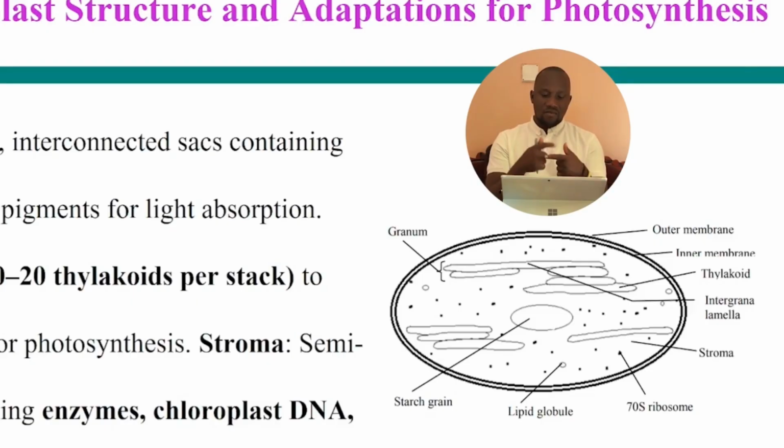The fact that we have these stacked thylakoids means it increases the surface area for photosynthesis. And the stroma, like I already explained, is that jelly-like matrix where you have all these other structures. And the enzymes, the ribosomes, the chloroplast DNA, starch granules, lipid globules are all there.